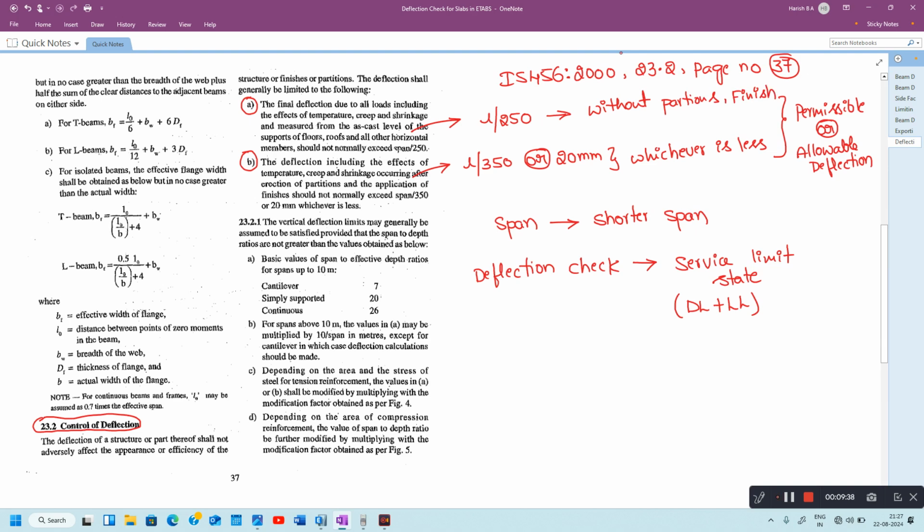This second criterion, L by 350, is with partitions or finishes. So you should remember these two. In case of slabs, deflection is checked with respect to the shorter span, and it is for service limit state, that is dead load plus live load.